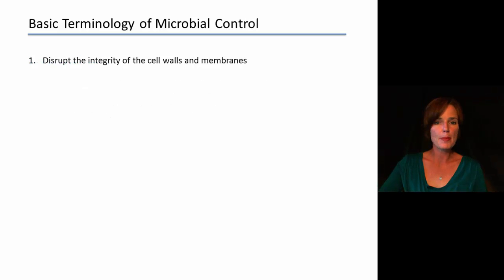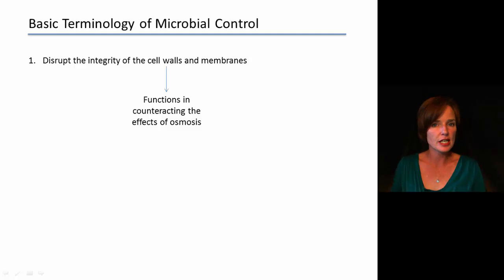So if we talk more about the first one, the disruption of the integrity, the intactness of the cell walls and the membranes, first of all, we have to understand what those actually do. The cell wall is just this rigid box around the outside of the cytoplasmic membrane, and its overall job is to counteract the effects of osmosis.